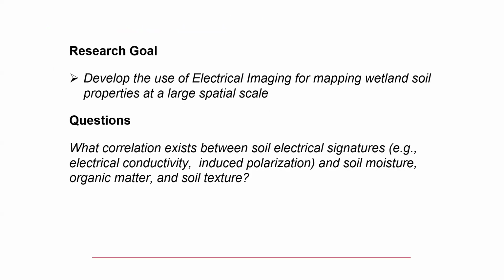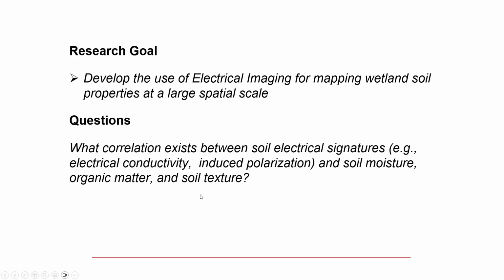So let me start with the first one, and I want to focus on how we're using electrical imaging to map wetland soil properties at a large spatial scale. And the question in my mind is usually whether there is a strong relationship between soil electrical signatures, such as electrical conductivity or induced polarization, and soil moisture, organic matter, or even soil texture.